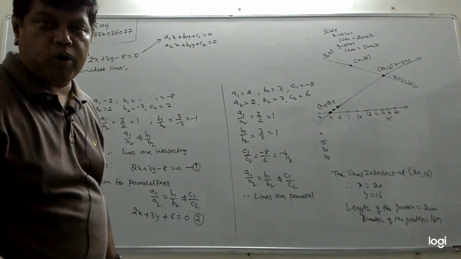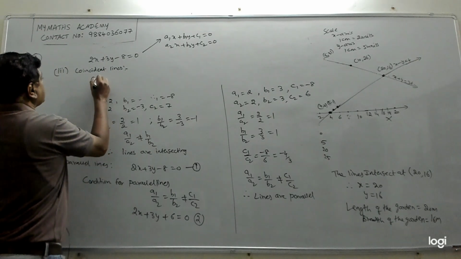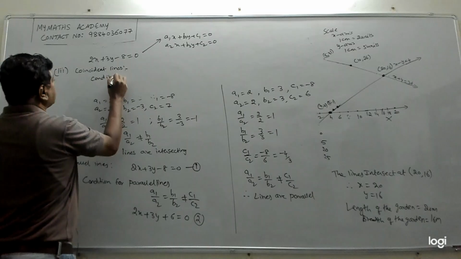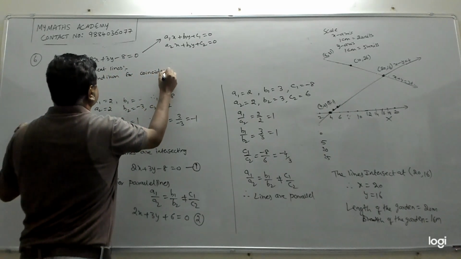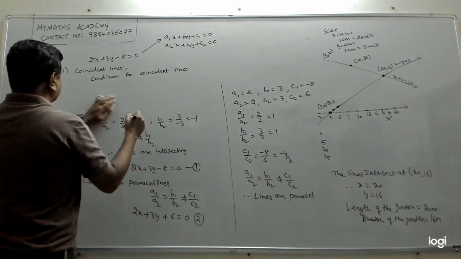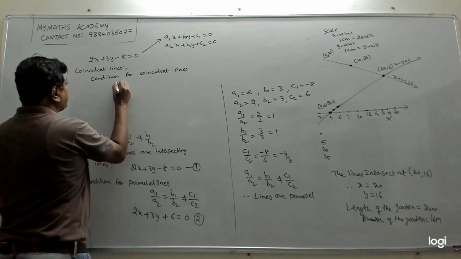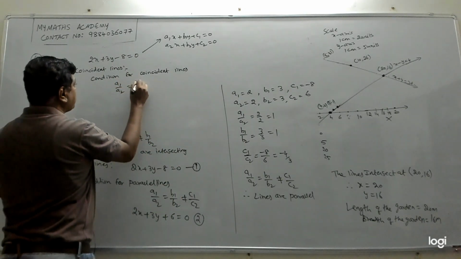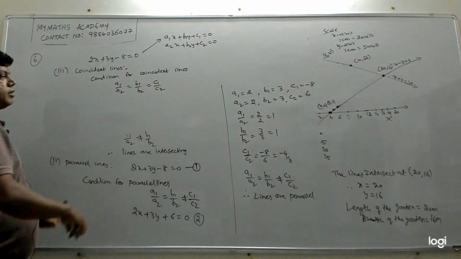What is the condition for coincident lines? The condition for coincident lines is a1 by a2 equal to b1 by b2 equal to c1 by c2. We have to get this condition.